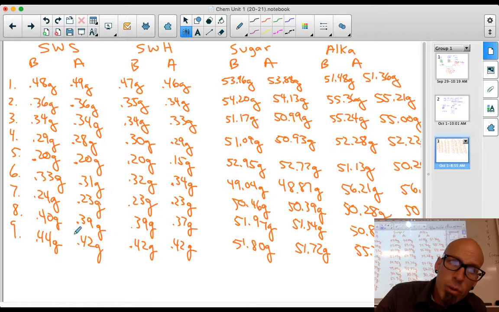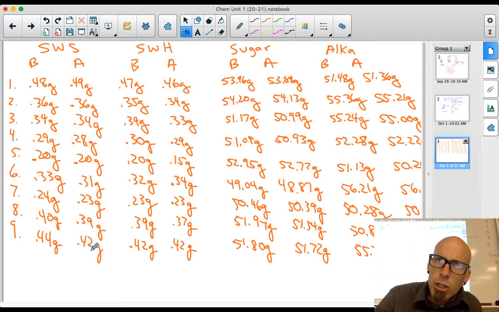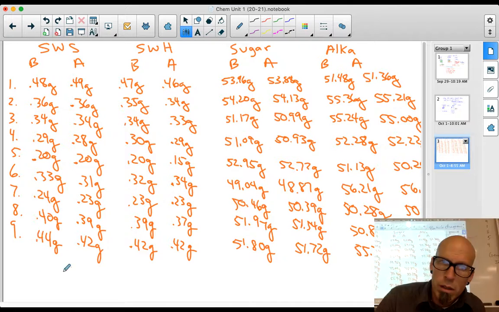Let's see. This group, group 9, they said that theirs went down by 200ths, that they had noticed when they were fluffing the steel wool up, some fibers broke off, fell off during that part, and that's why their mass went down. And I said, well, that is a logical explanation.